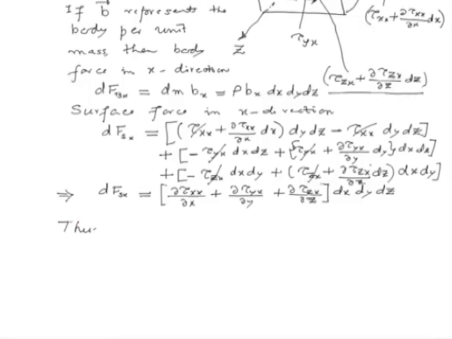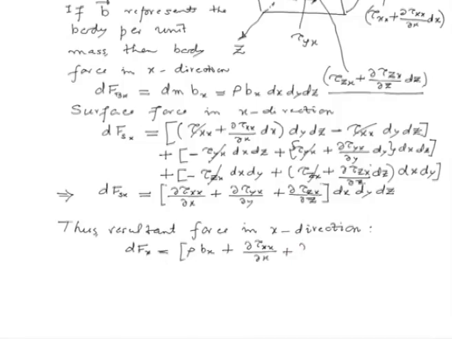Thus the resultant force in x direction, dfx, which is the sum of surface and body forces, will become rho bx plus del tau xx over del x plus del tau yx over del y plus del tau zx over del z.